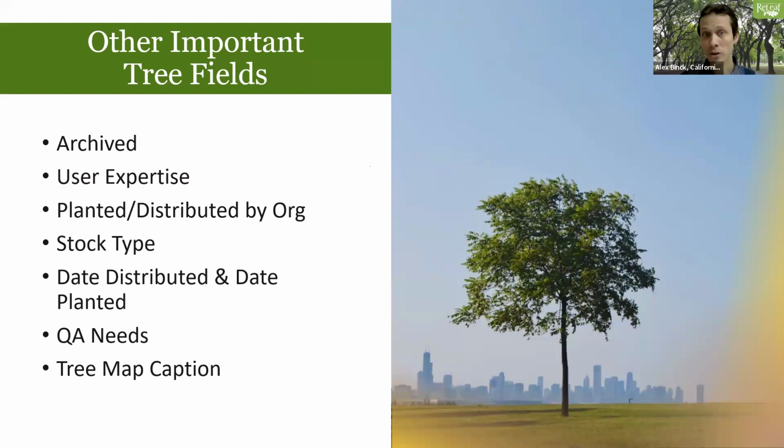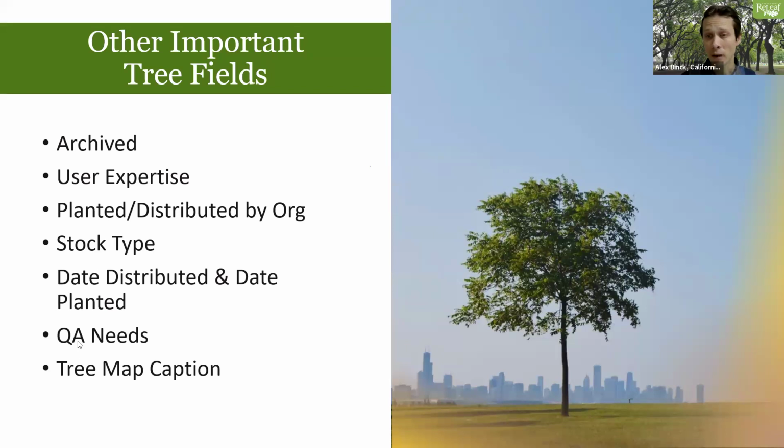If there's something wrong with the tree, we can take a look at it, especially if you take good pictures. But a lot of you, I think, are leaders at your organization, so you can also use this tool as you're training additional users. If they have a problem out in the field, they can flag the tree using this field, and then back on your computer or wherever, you can filter down to the trees that have QA needs, and then you can take a look at them.